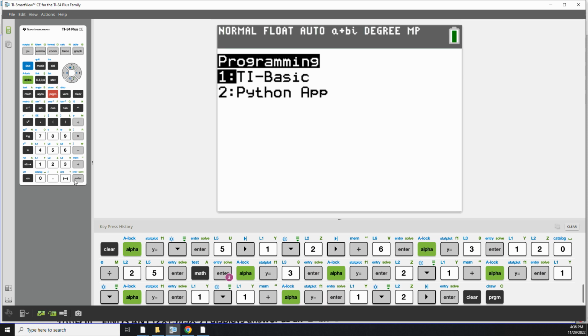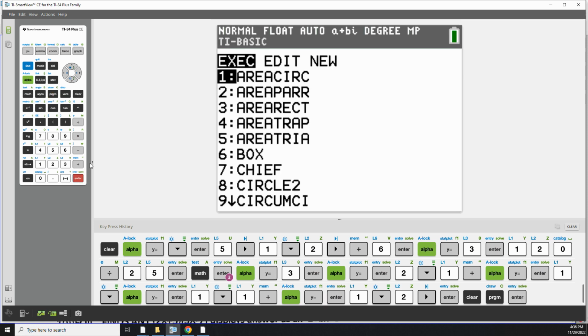Hit 1. And there they are. This list should correspond to the list I gave you when you walked in today. It does stuff for you free. What do they do? They're named after what they do. So there's very little interpretation needed.